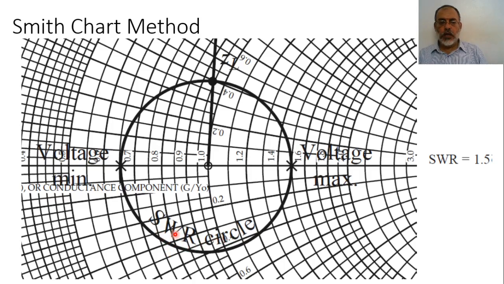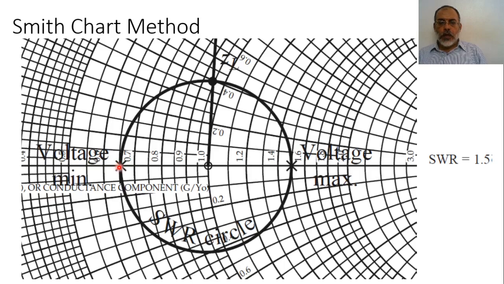It doesn't matter. And here is the voltage maximum and here is the voltage minimum. Effectively, the peak voltage of the standing wave occurs at the point which corresponds to R maximum, and the minimum voltage occurs at the point R minimum.